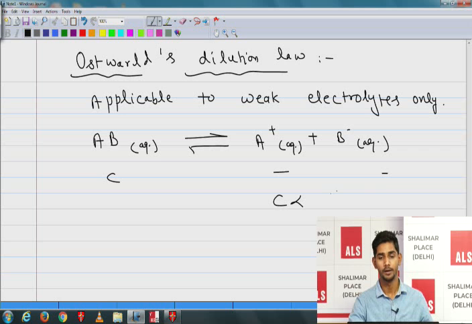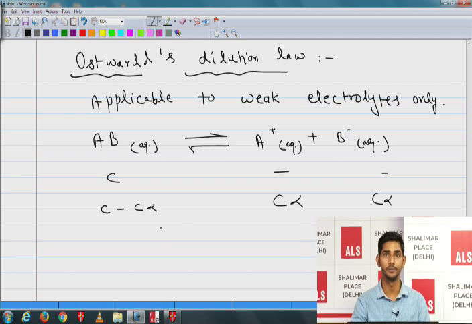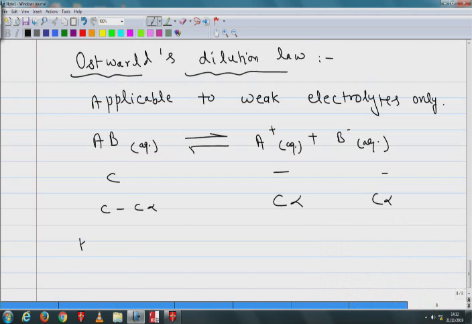Now, what about AB? The left part would be C minus C alpha. So, we can identify Ki. Ki is the ionization constant, I stands for ionization. This is the concentration of A plus and concentration of B minus upon AB.